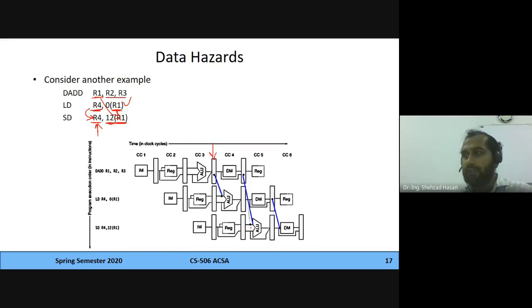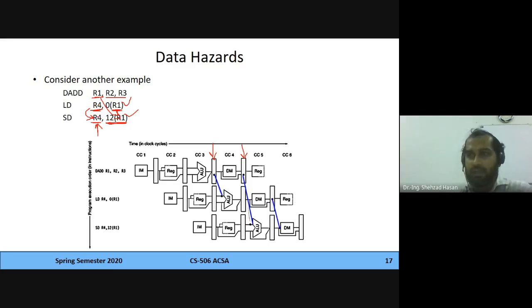We have this memory stage and this execution stage over here, and the result of R1 would have moved to the MEMWB pipeline register, so you can forward from the MEMWB pipeline back to the ALU. This is okay, right?